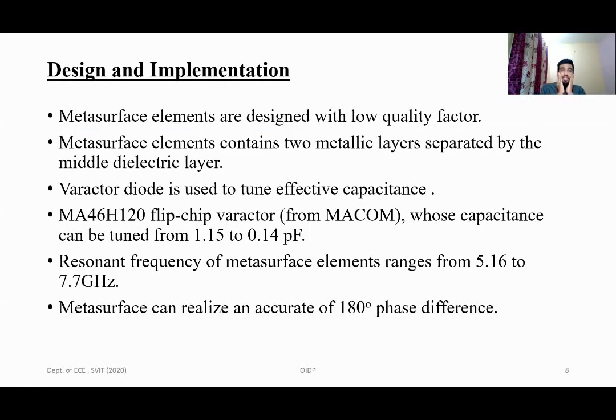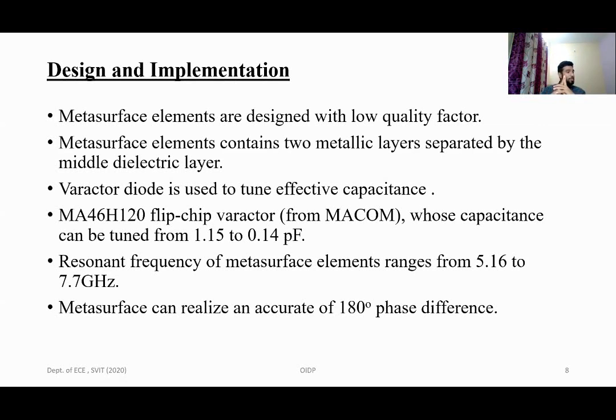Next, coming on to the design and implementation. Metasurface elements are designed with a low quality factor, called the Q factor. The metasurface elements contain two metallic layers.